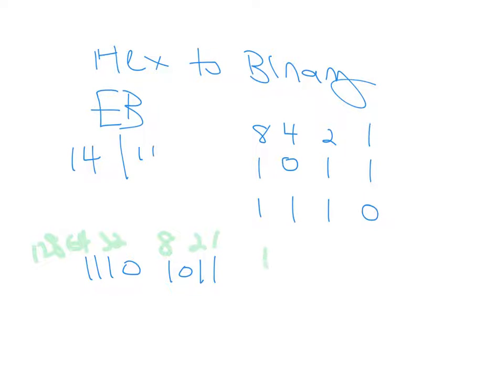If we add this all together, 128, 64, 32, 8, 2, and 1, which I can't get on this screen, that is going to give us 235.